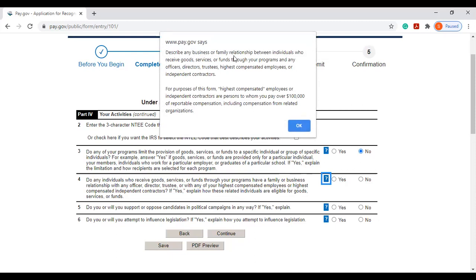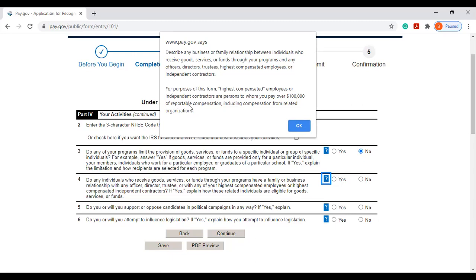Describe any business or family relationship between individuals who receive goods, services, or funds through your programs and any of their officers, directors, trustees, highest compensated employees, or independent contractors. Now, this note that I'm getting ready to read is very important. It causes so much confusion for some people when they think about how they're going to be compensated.